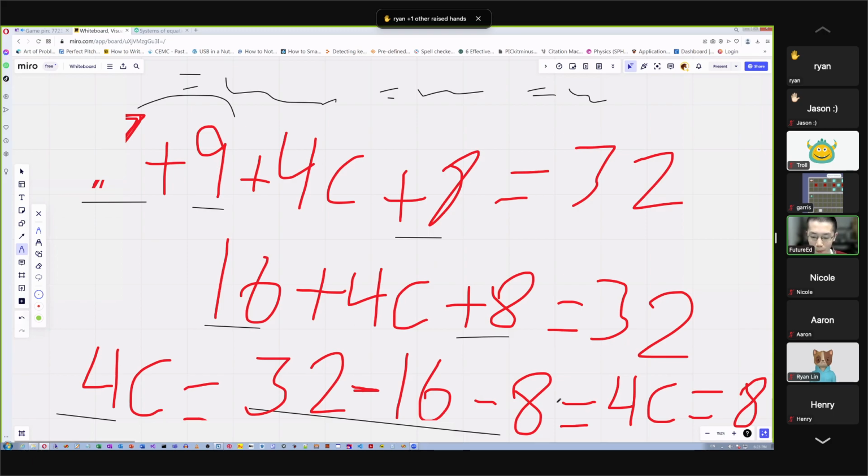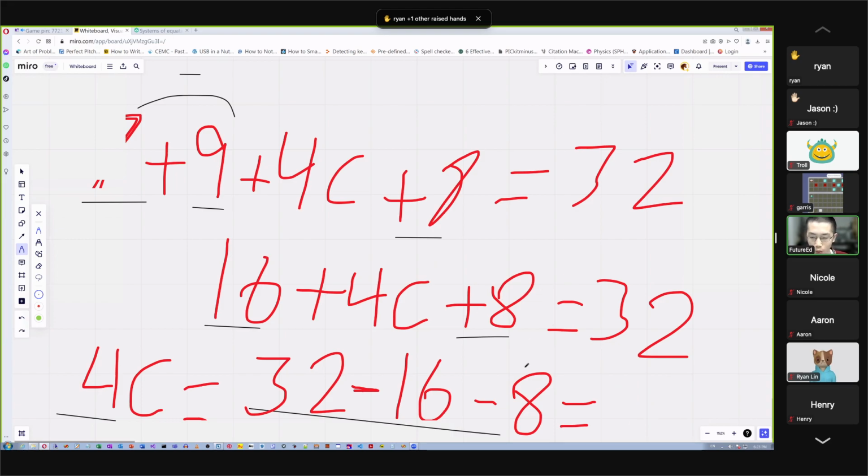Okay. So I know you don't have space, but when you get down to 4c equals 32 minus 16 minus 8, you just stop there, okay? You then move on to your next line. I know there's not enough space, but you can probably erase the top line maybe. So you can just get 4c equals 8, right?